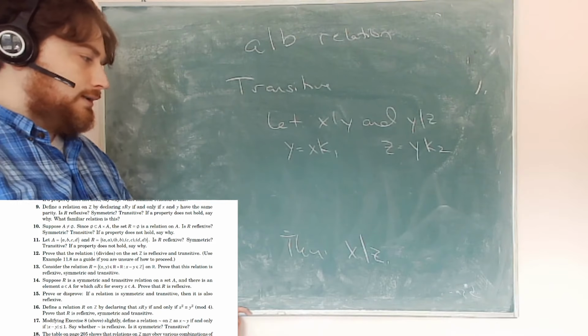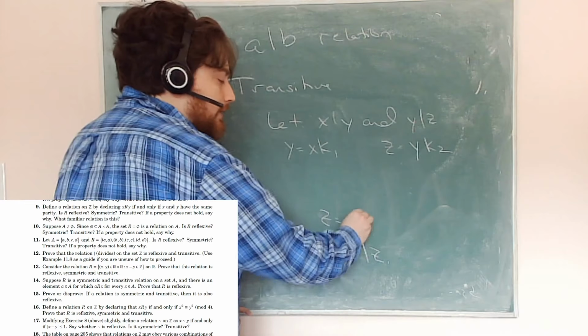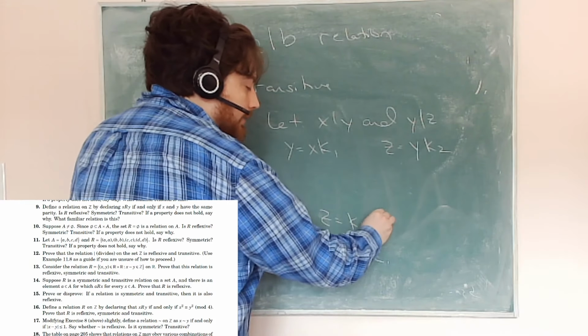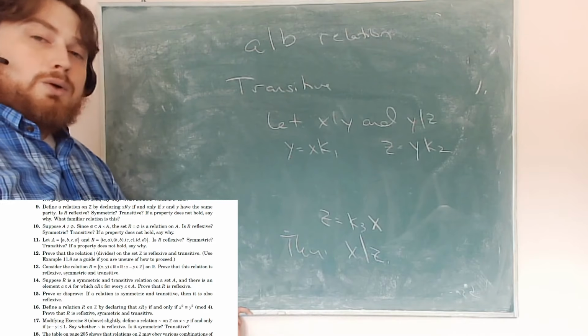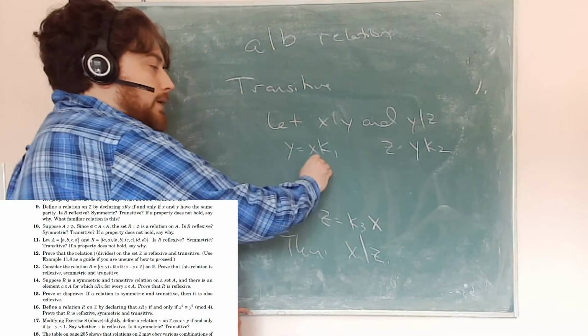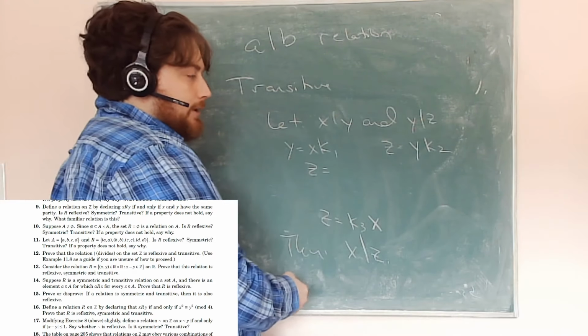And in order to show that x divides z, I have to show that z is equal to some integer k3 times x. So how do I do this? Well, I want to say z is equal to something, eventually an integer times x.